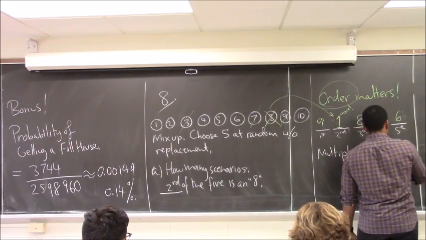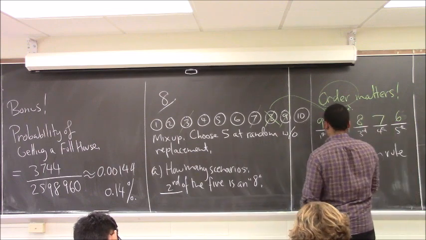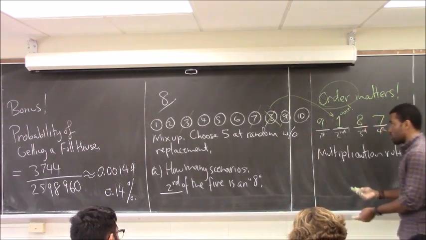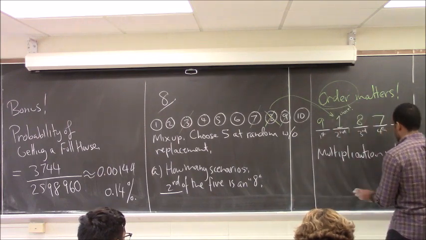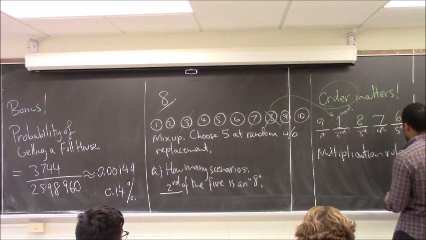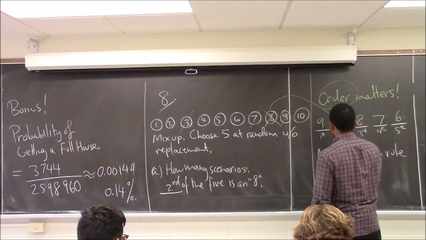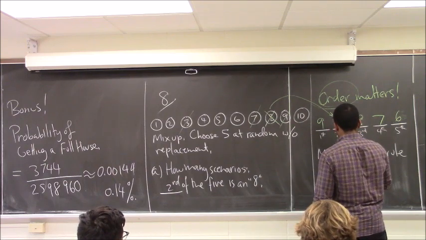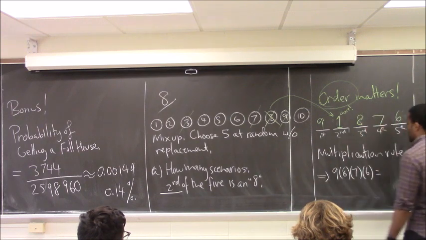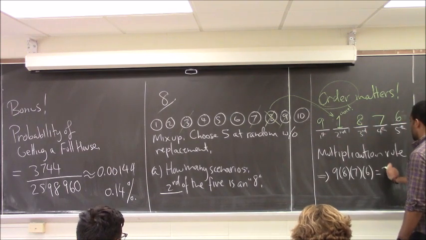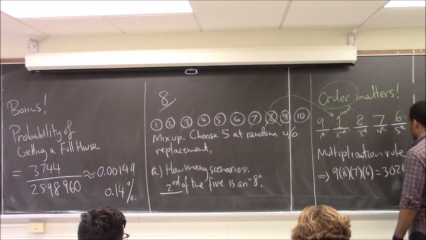The multiplication rule is a general principle, remember. So it applies whether I'm in the situation of order or without order. Once I can think of things in stages or chunks or pieces, and I want to find the total number of things, I can just multiply them. So it's 9 times 8 times 7 times 6. 3,024 ways.